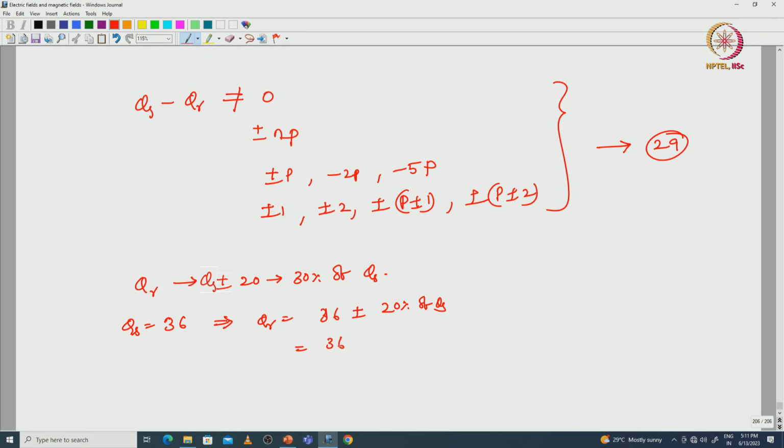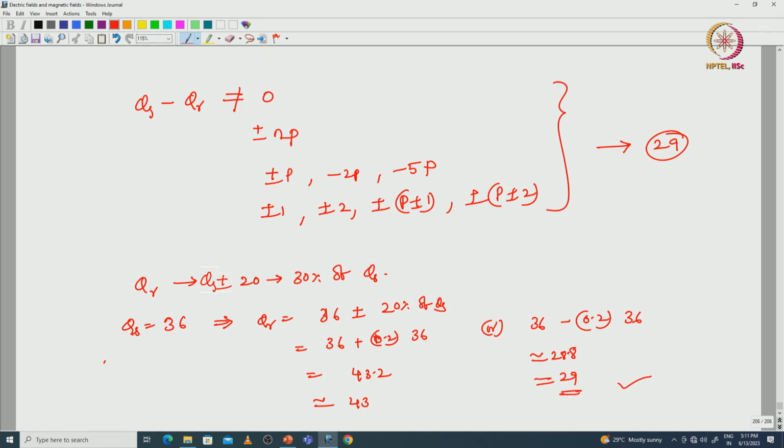So, 36 plus 0.2 into 36 or 36 minus 0.2 into 36. This gives 43.2, and approximately we can take 43. This gives 28.8, and we can take 29.